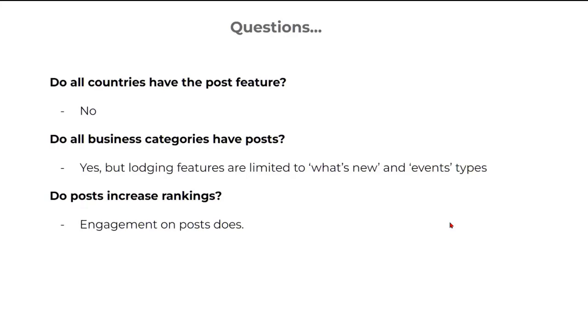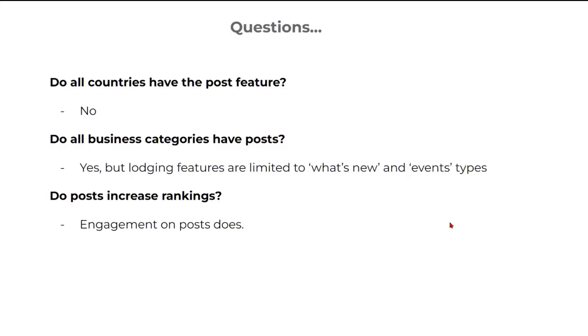So you take your time, make a good image, craft good content, like the written part, and make posts that people are clicking, viewing, reading, and scrolling through, right? That's what's going to increase your rankings. It's the engagement on the post that Google is counting.